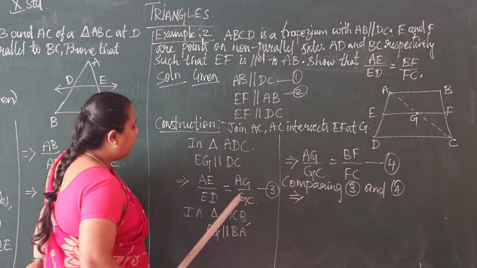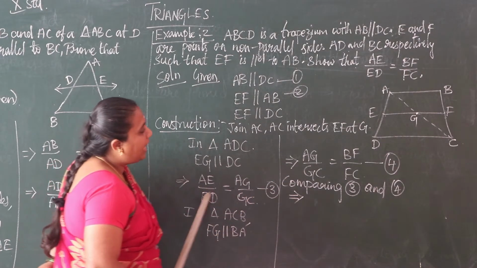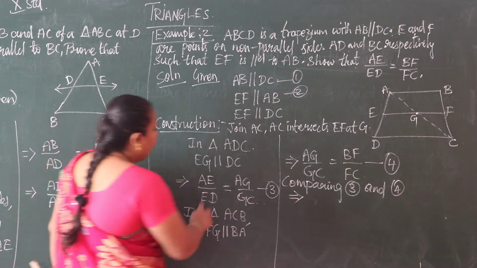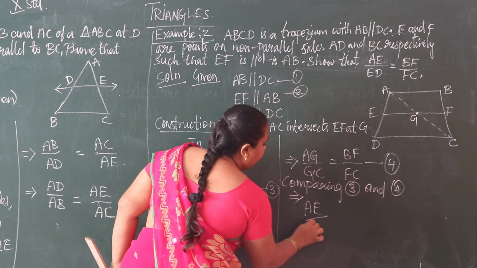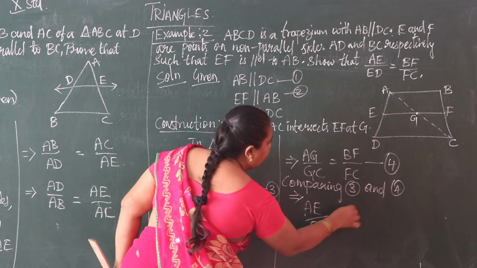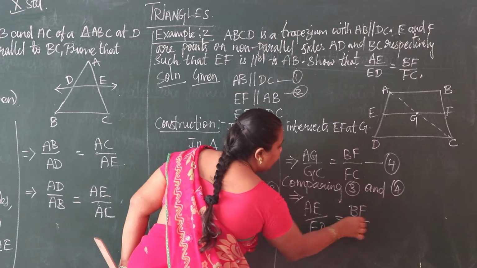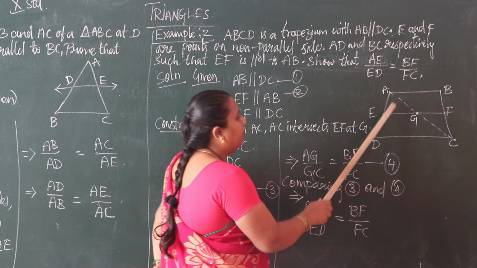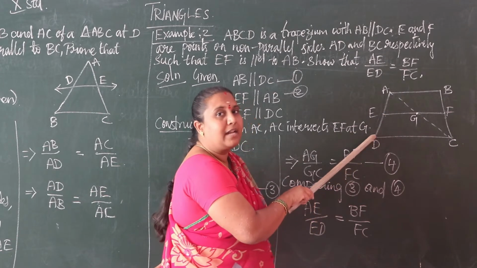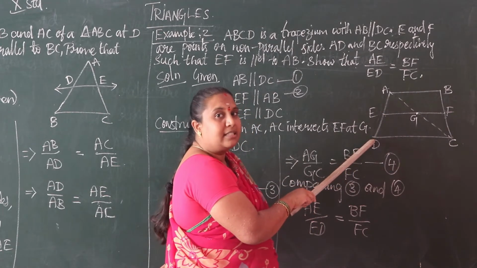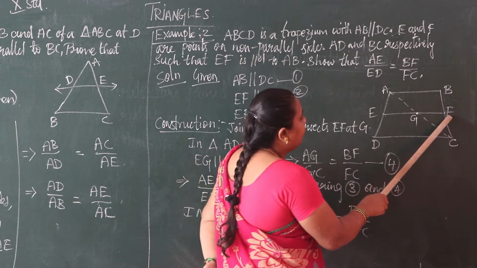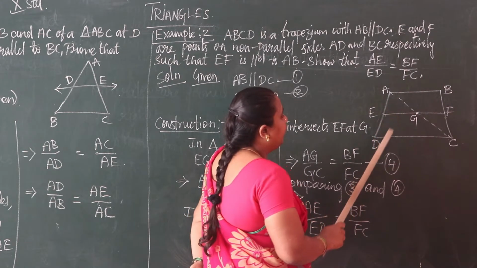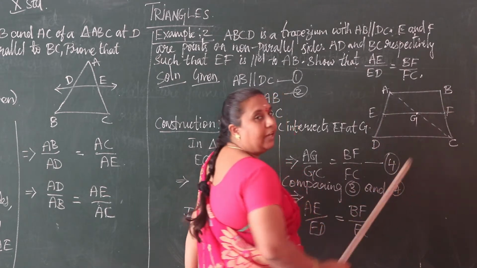Therefore we can write AE by ED equals BF by FC. So now we proved that the non-parallel sides of the trapezium are divided in the same ratio by the line EF.